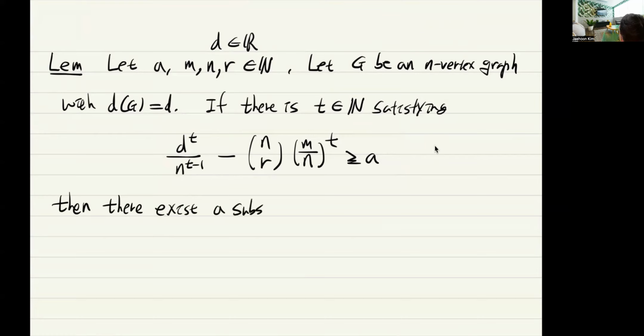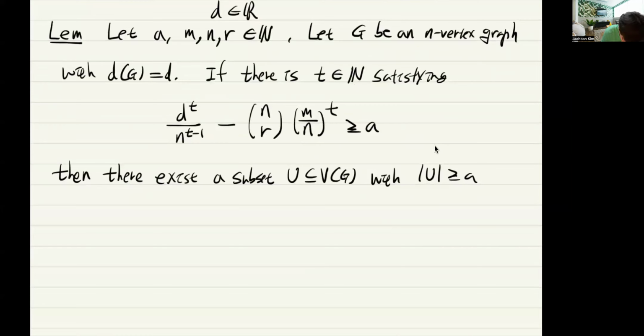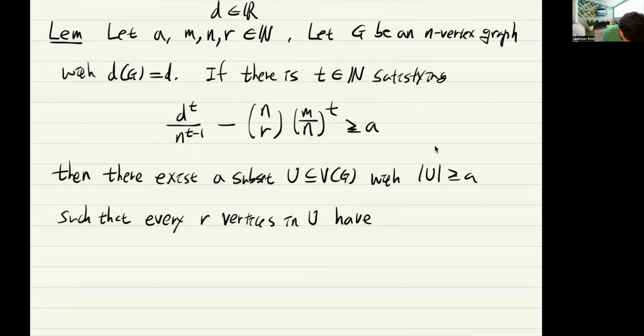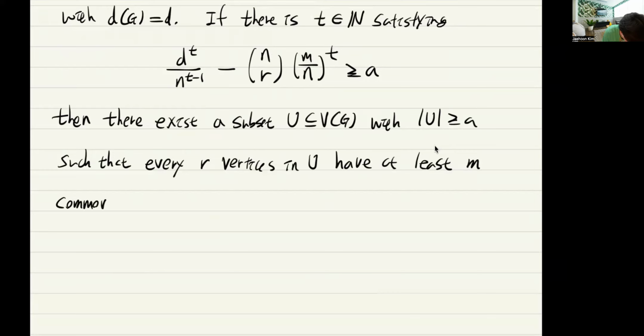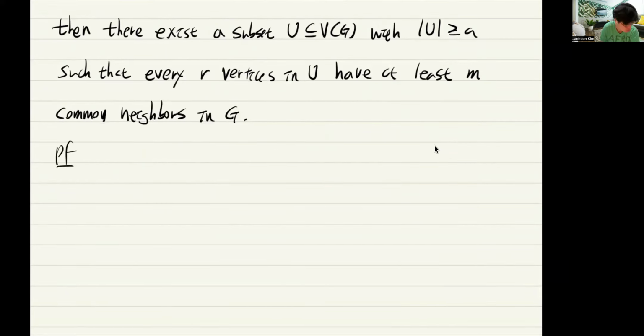So there exists a subset U of vertices which has size at least A, such that every R vertices in U have at least M common neighbors in G. So what do we want to do?